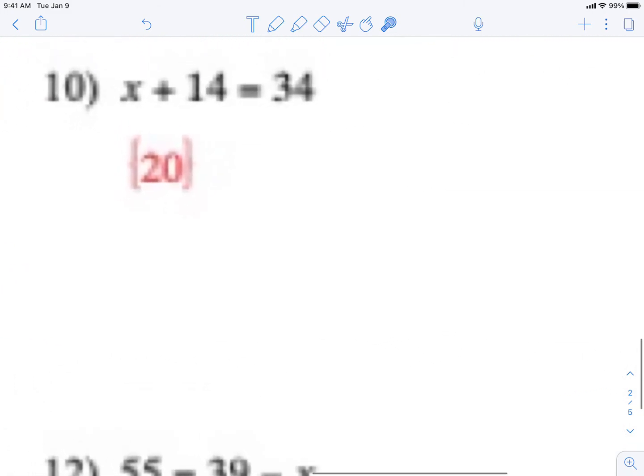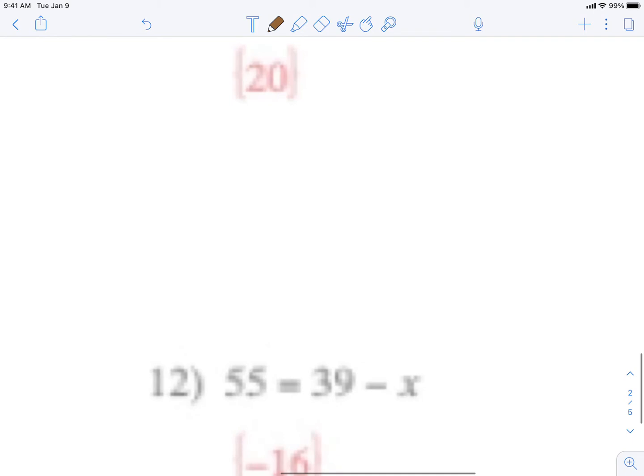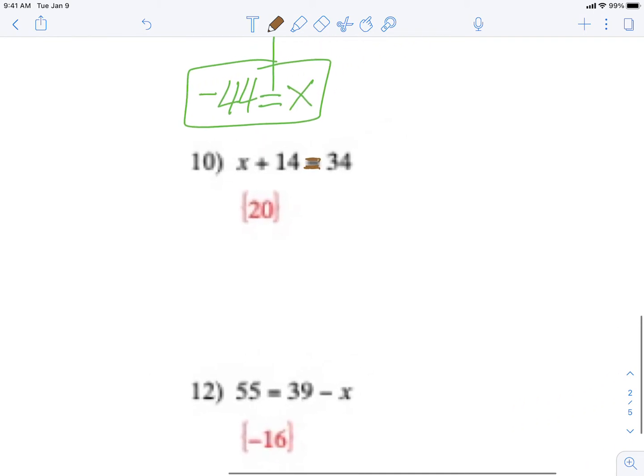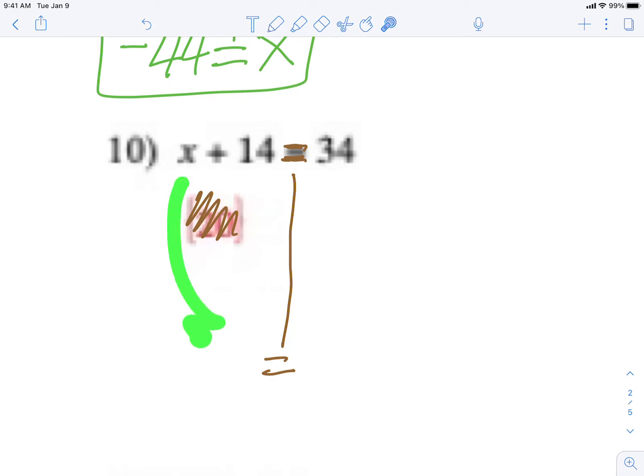Number 10. All right, let's do our equal sign. Oops. What did I do? All right. Line of separation. We know our x comes down on the left. That means my numbers have to go to the right.